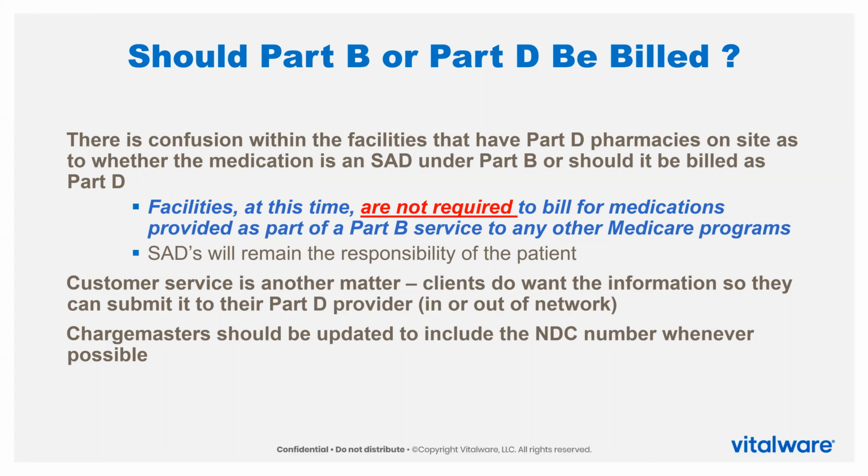So should you bill Part D if they're self-administered for Part B? The current regulation has been unchanged since the day it started. Facilities are absolutely not required to bill for medications that were provided under Part B if the patient has a Part D as in Delta benefit. It's not the requirement of the facility to do that.